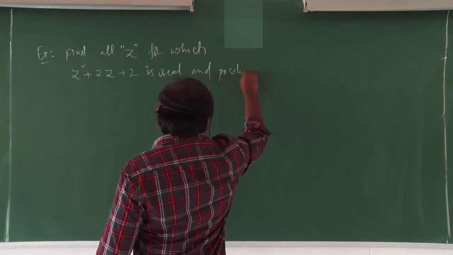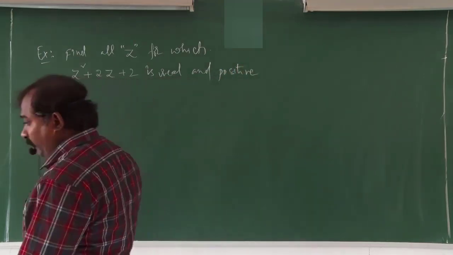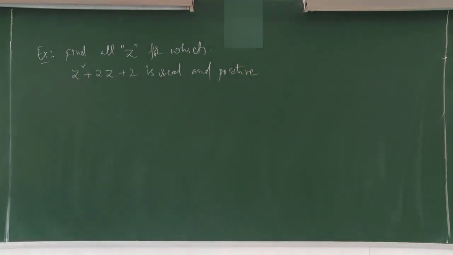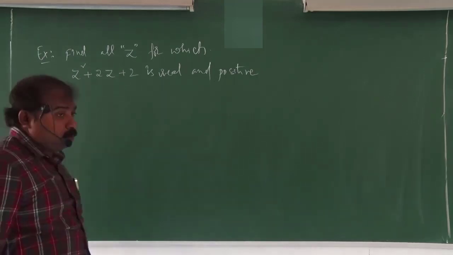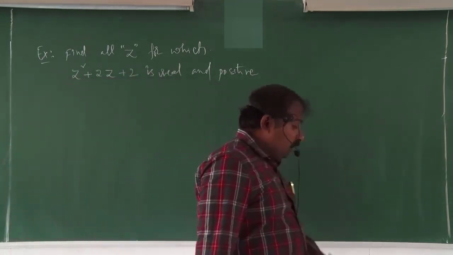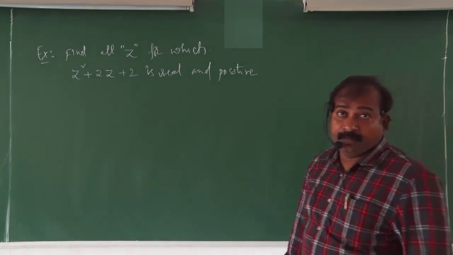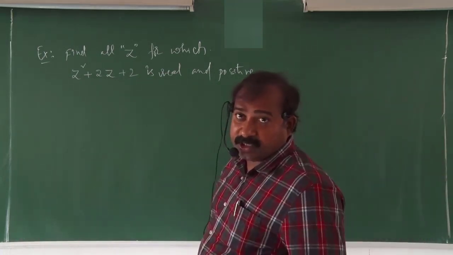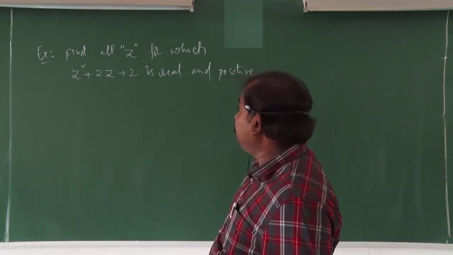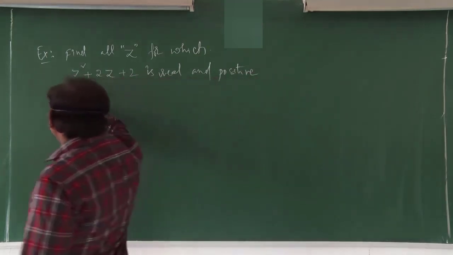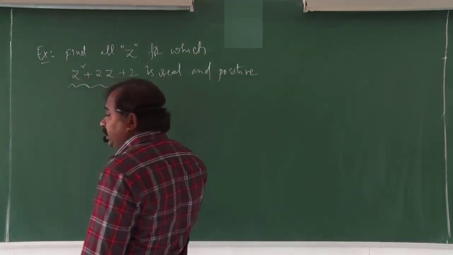This is also a complex equation. Find all z for which z square plus 2z plus 2 is real and positive. Here they have given that this whole value is real and positive.